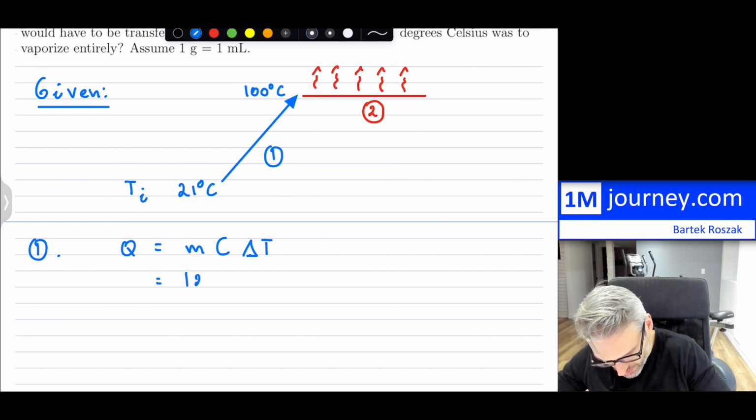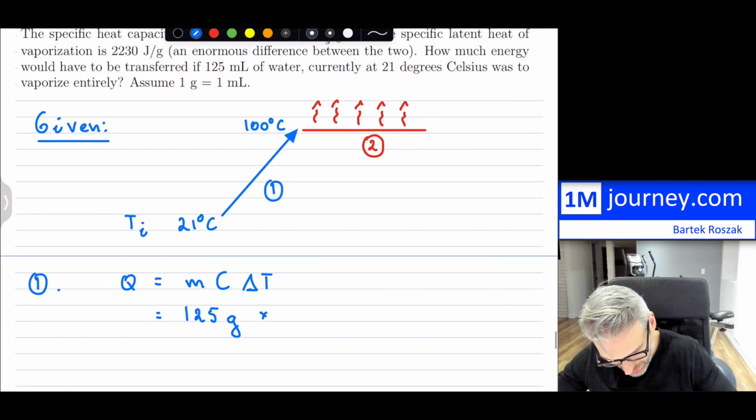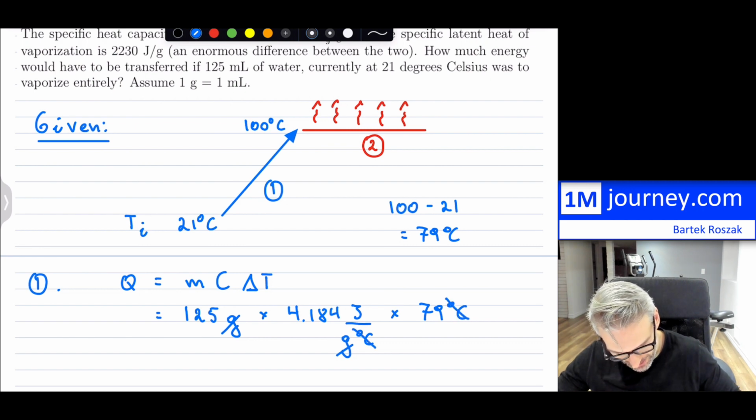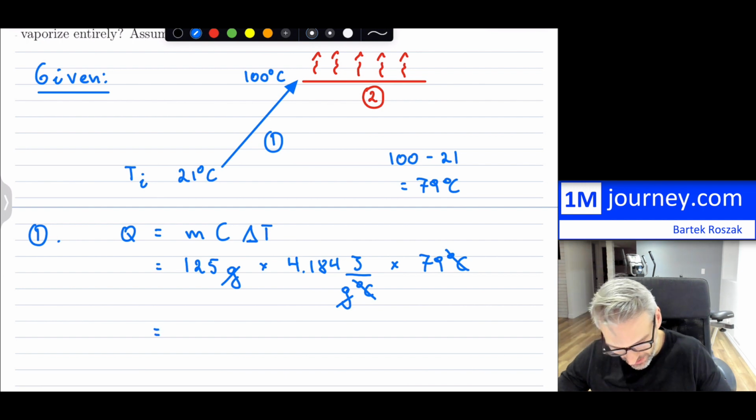I'll leave it at 125 grams multiplied by 4.184 joules per gram per degree Celsius. So notice the grams cancel. And then this is multiplied by the change in temperature, from 21 to 100, and that's 79 degrees Celsius. So the Celsius cancels out, and all you're going to have left is just the joules, which is what we want.